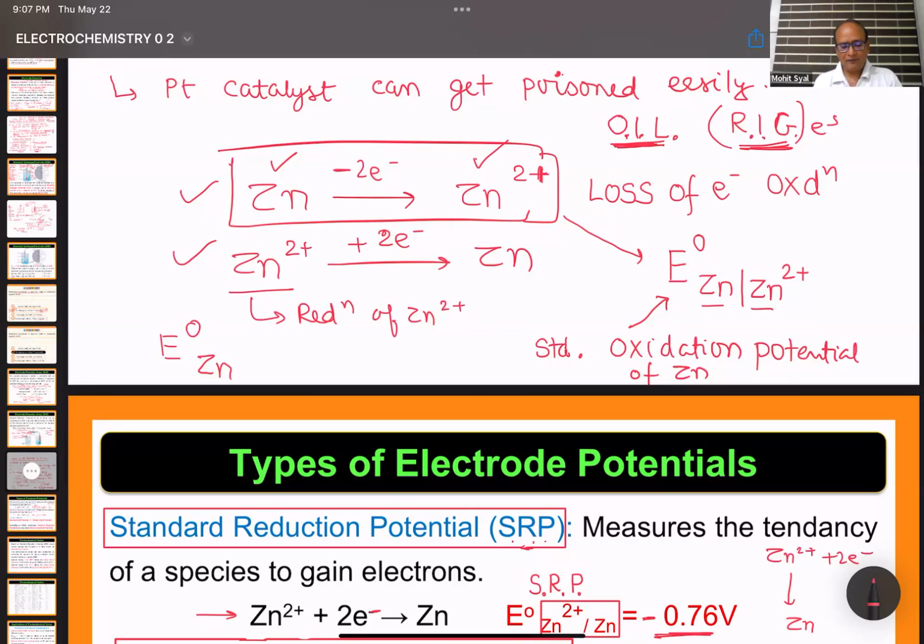Initially you have Zn2+, it is gaining electrons and changing to zinc. This is standard reduction potential. I am writing the abbreviated form. Standard reduction potential of zinc.